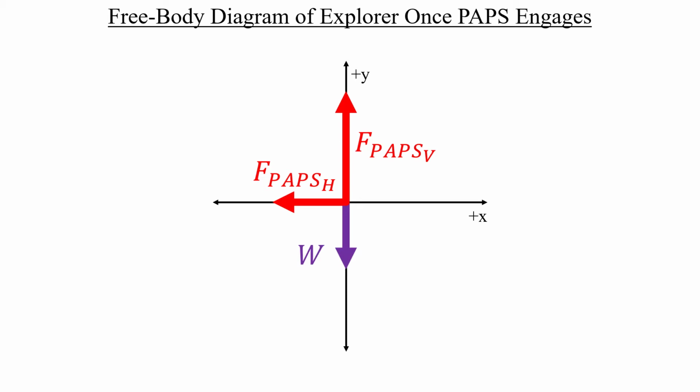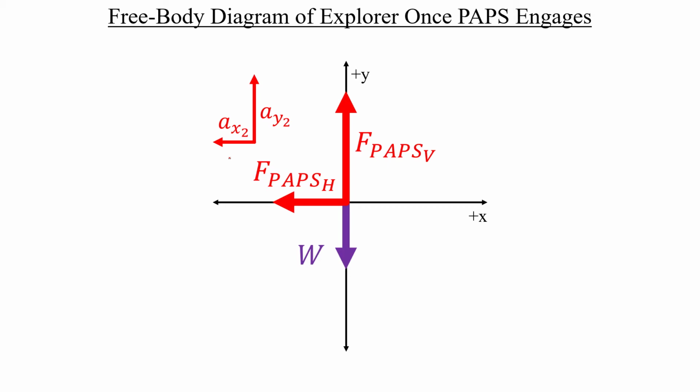And the idea is that the vertical PAPS force has to be large enough to cancel out the effects of the weight and produce a positive acceleration to slow that explorer down vertically. And then the horizontal PAPS force is pointing in the negative direction so that it produces a negative horizontal acceleration to slow the explorer down sideways. And here's a representation of what those accelerations are going to look like.